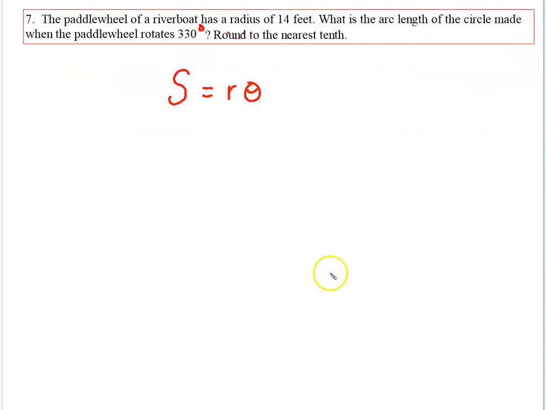Okay, number 7. The arc length of a circle made when the paddle wheel rotates 330 degrees.